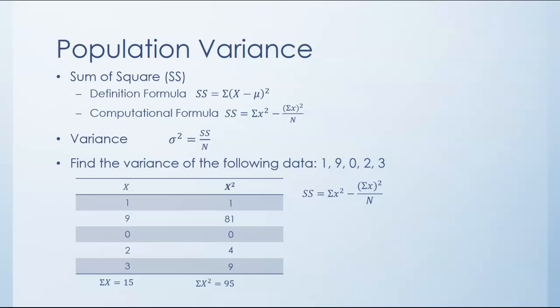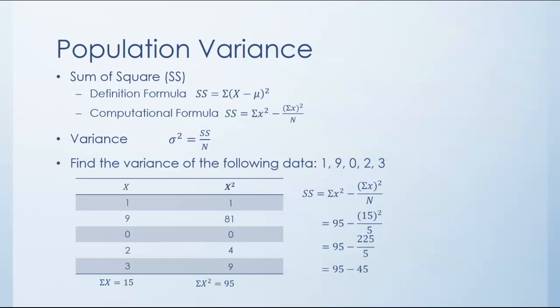So now we can figure out what our sum of squares is. We're going to do 95, remember that's the sum of my x's squared, minus 15 squared. Remember, the 15 is the sum of all of my x's. And I'm going to divide that by 5. Now remember, my order of operations says I'm going to do the 15 squared first. So I've got 95 minus 225 divided by 5.